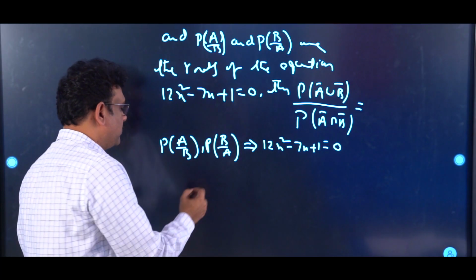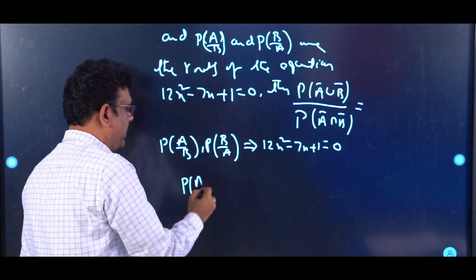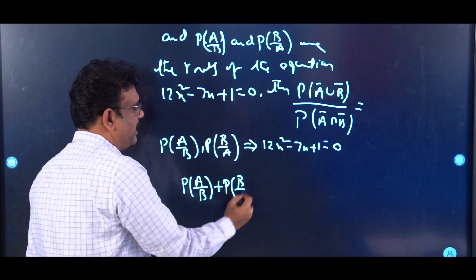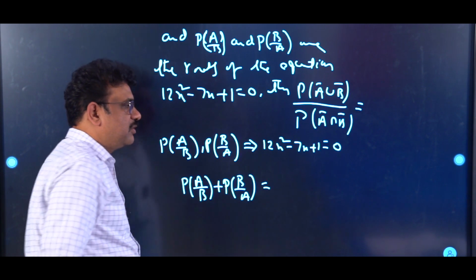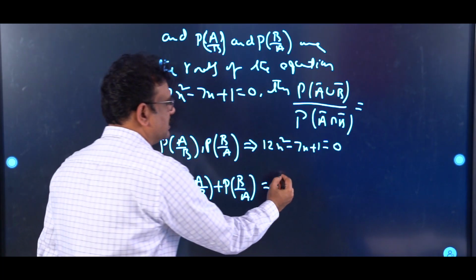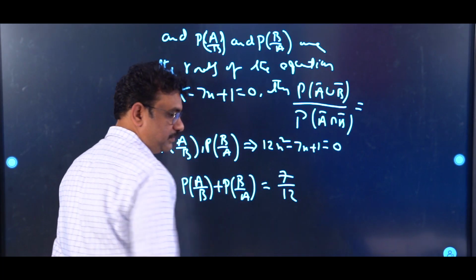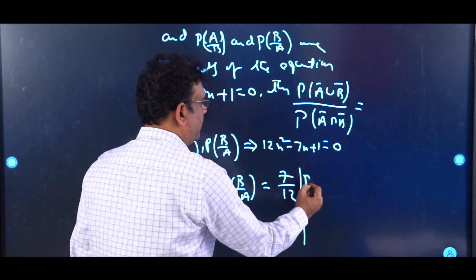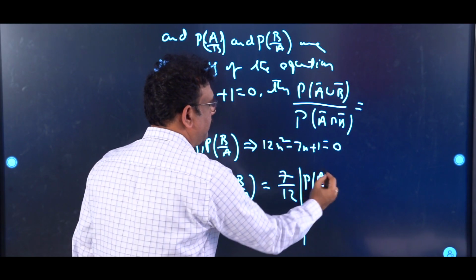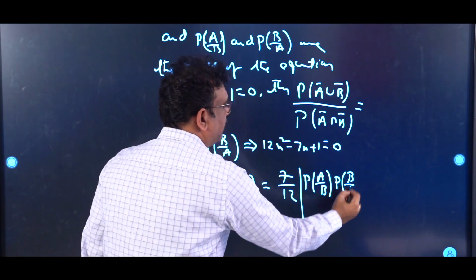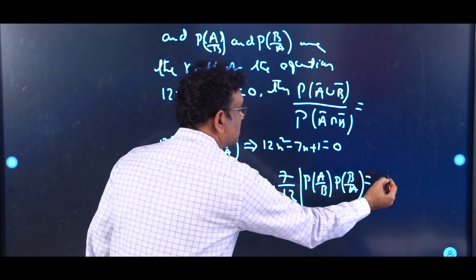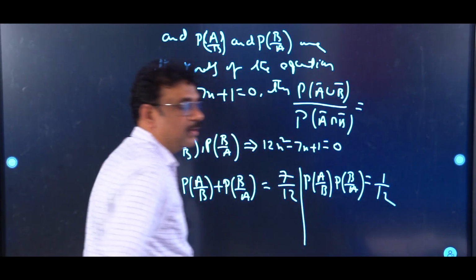Here, the sum of the roots, P(A/B) plus P(B/A), is equal to 7 by 12. Next, the product of the roots, P(A/B) into P(B/A), is equal to 1 by 12.